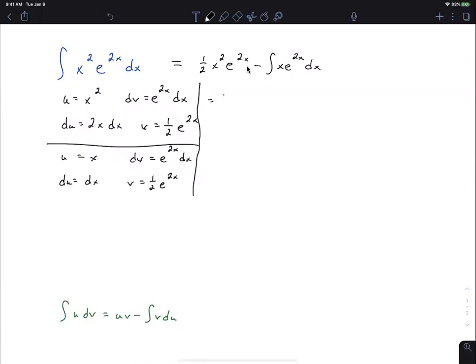So now the 1/2 x squared e to the 2x carries down. And then minus, now uv is 1/2 x e to the 2x minus v du. You pull the 1/2 out, and then you get e to the 2x dx, but all of that's in brackets. So this bracket part, that is the integration by parts formula on this second integral.